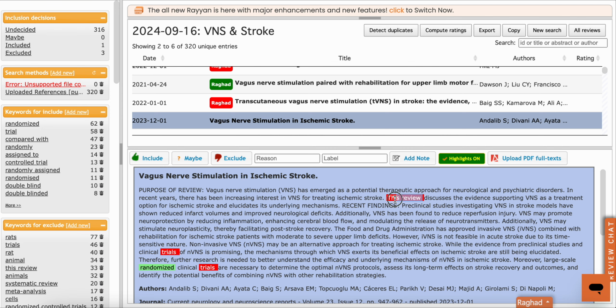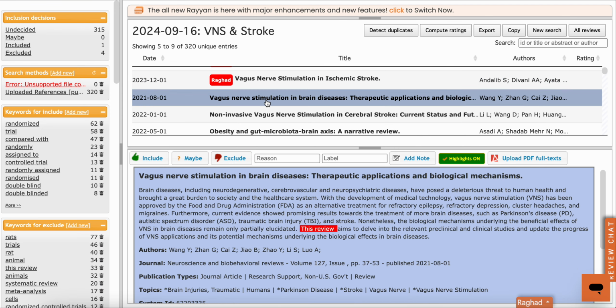As you see, it is a review also. It's not our study type, so excluded. Vagus nerve stimulation in brain disease, therapeutic application and biological mechanism. It's also a review, as you see. And when you read the abstract, you find it is a review, so excluded.